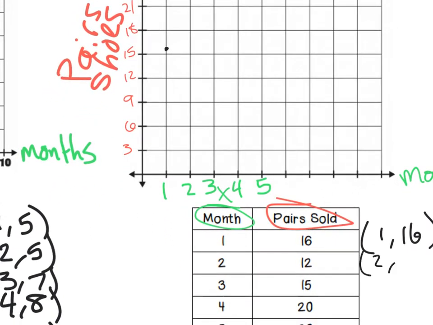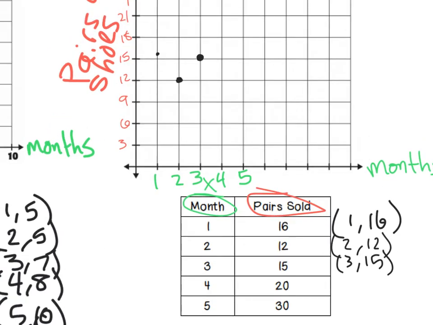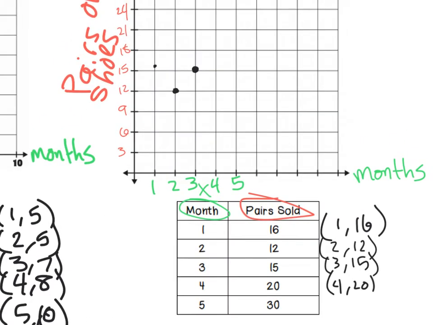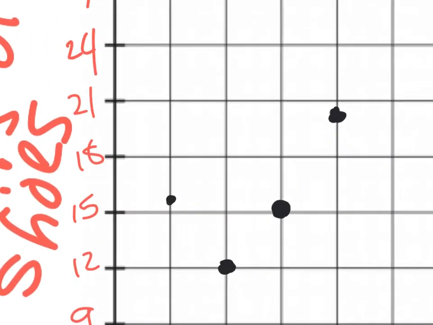We also need to plot 2, 12. So let's plot 2, 12. Then 3, 15 is what we need to plot. So 3, 15. 4, 20. This can be our next one. So 4, there's 20. And 20, remember, is just a little bit below 21.